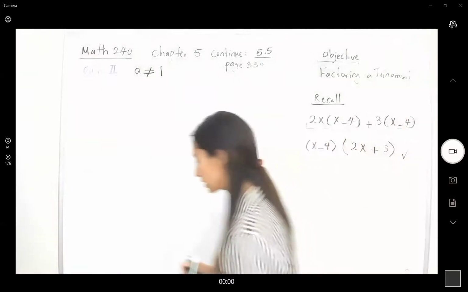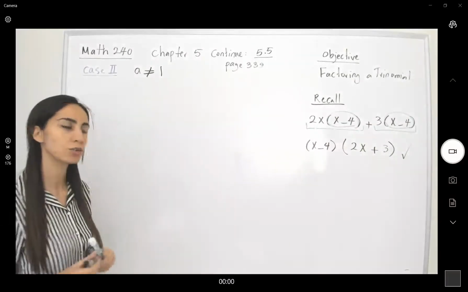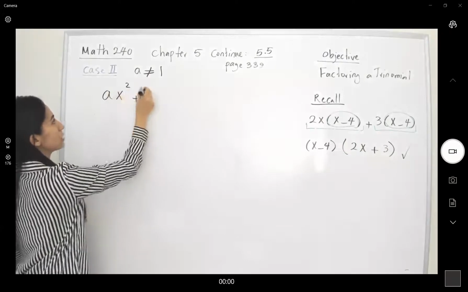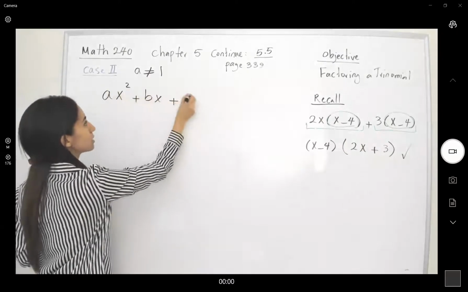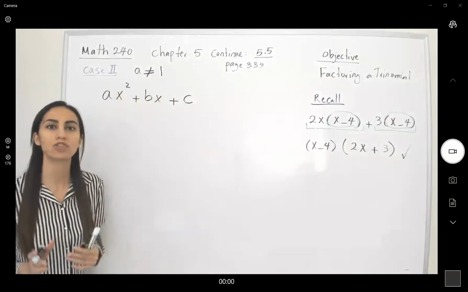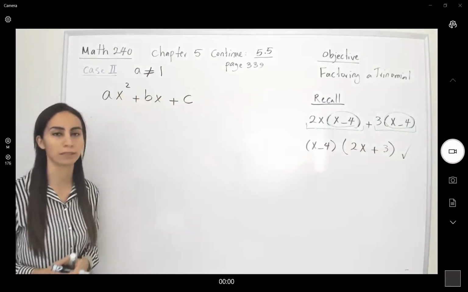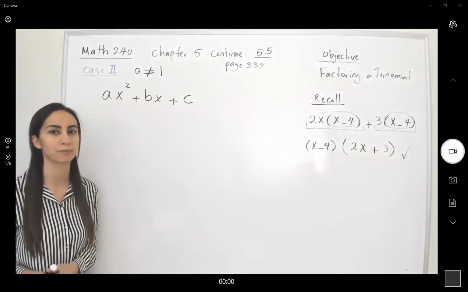Now, think about it this way. Here you have ax squared plus bx plus c, and your job is to factor this expression completely. How would you do that?